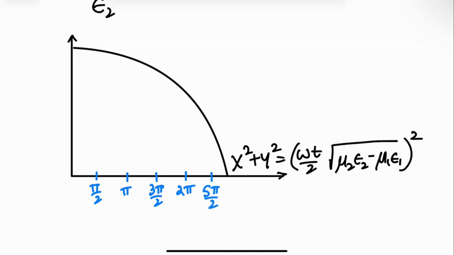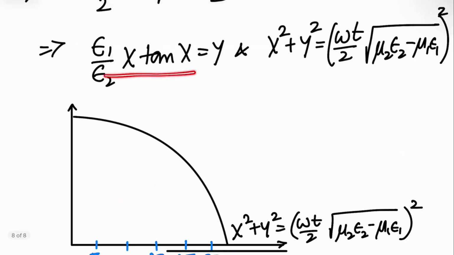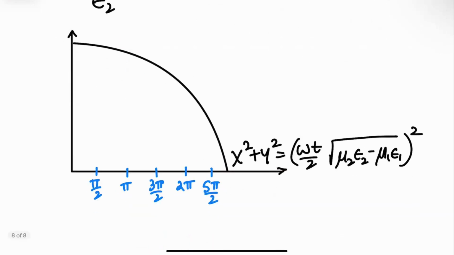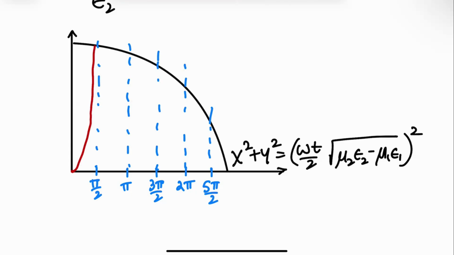Then if I plot this function, it looks kind of like a tangent, y equal to tan x with a scaling factor x, which is like a skewed tangent. So roughly, what does it look like? If I draw lines from all of these points, the tangent function looks something like this. It goes asymptotically to infinity there. And then down here, it's in the negative region, so you don't have anything there. And you have another asymptote here, another asymptote there, and so on, right?